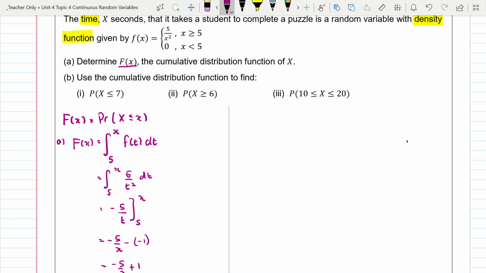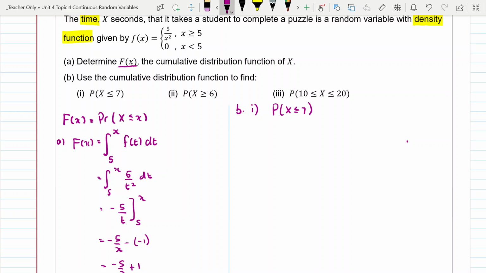Now you say to me, what does that do for me? Okay, what that does is that actually allows you to find a probability using that function. You've only got to integrate the once, and you can actually use that function to find your probability. So let's have a look. If we look at B, we're wanting our probability of x being less than or equal to 7.